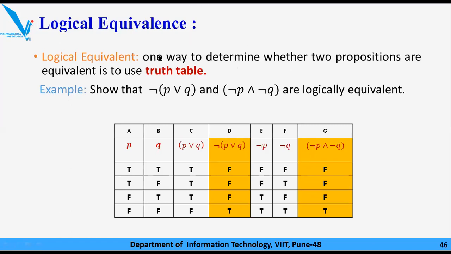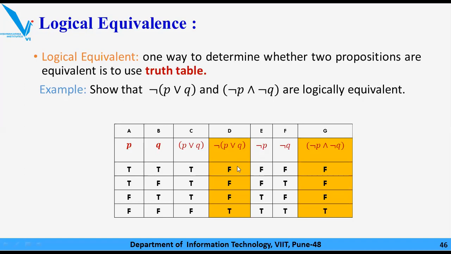Logical equivalence can be determined using a truth table. So let's have an example. This example is given to us where this is the first compound proposition and this is the second. Always we have to draw a truth table to get the truth values of both compound propositions. So I have drawn a truth table for the same, and after finding the truth values, the D column represents the truth value for the first compound expression, and the G column represents the truth values for the second compound proposition.